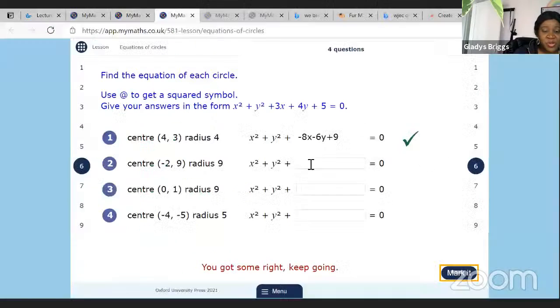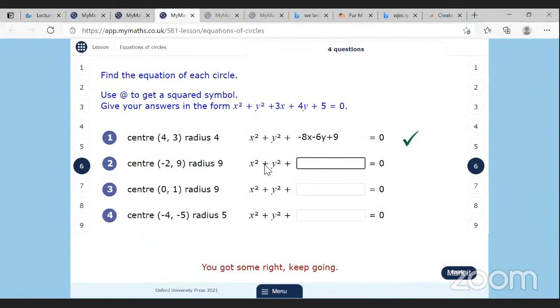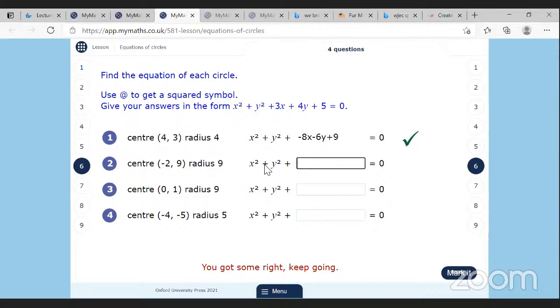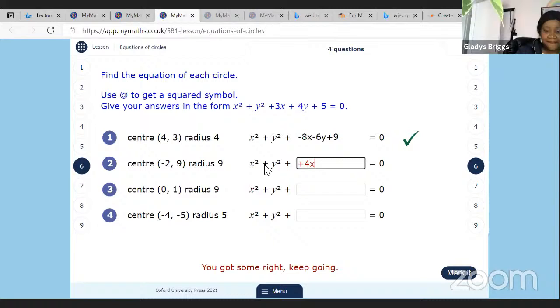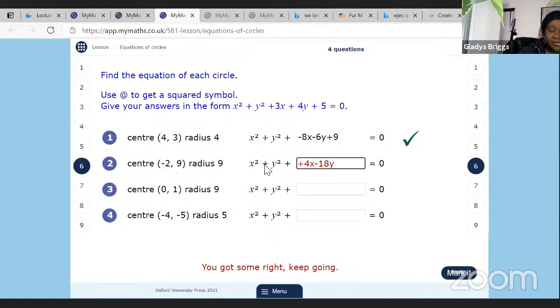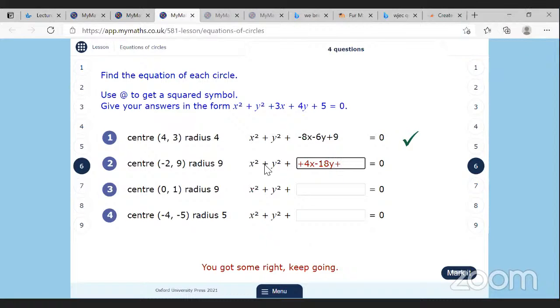Okay, so what's here? Plus 4x, you wrote it. Plus 4x, yes. Minus 18y. Minus 18y, yes. Plus 4. Plus 4. Okay, let's check.